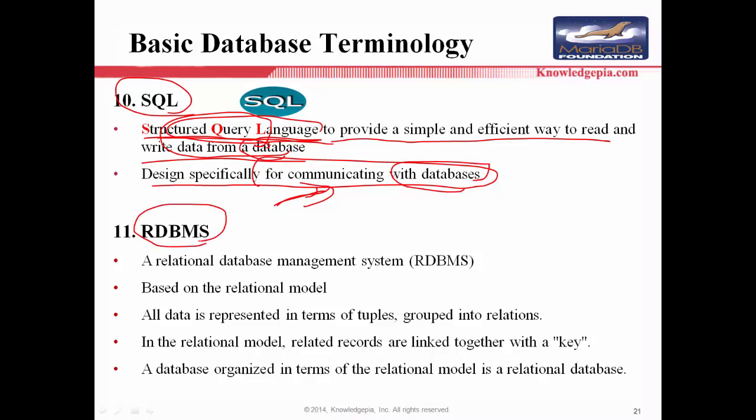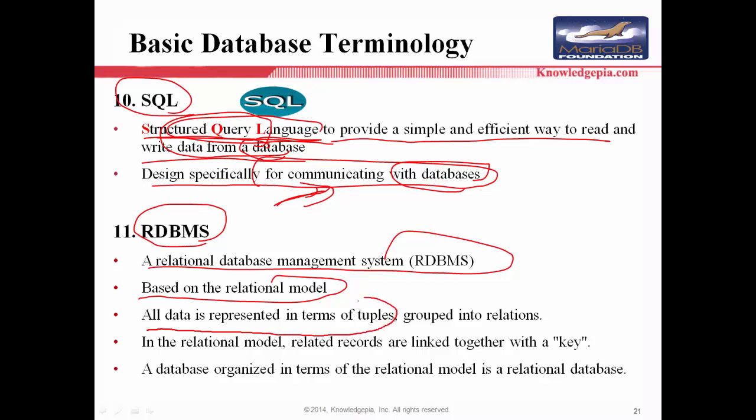Number 11, RDBMS means Relational Database Management System. On the previous page, I already told you about the relationship between two tables. So RDBMS is based on the relational model. In this model, all data is represented in terms of tuples and grouped into relations.